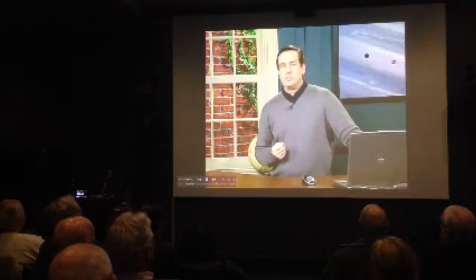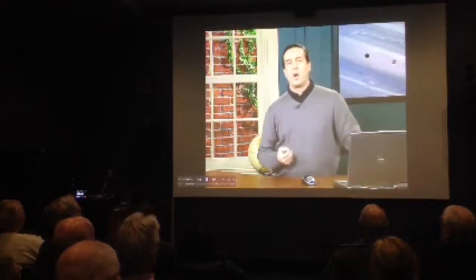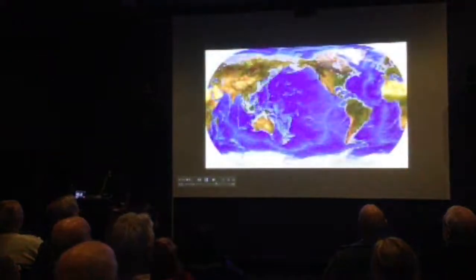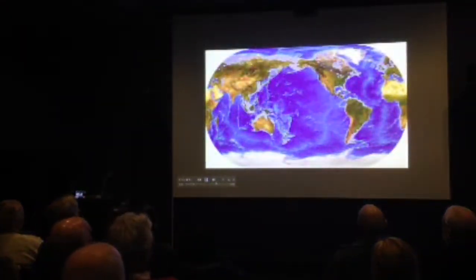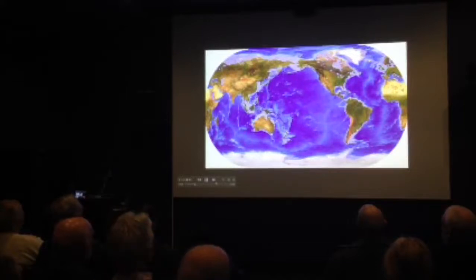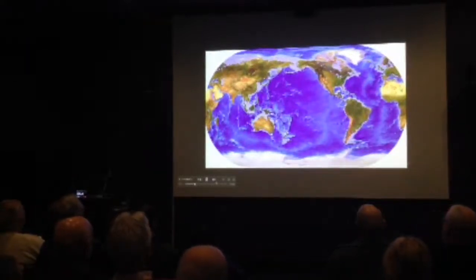The other feature of the seafloor are what we would call ridges. And in this topo map, we emphasize the ridges. And you can see running down the center of the Atlantic Ocean, the Mid-Atlantic Ridge, and off the west coast of South America, we have the East Pacific Rise, and from underneath Australia and India, we have the ridges in the East Indian Ocean.